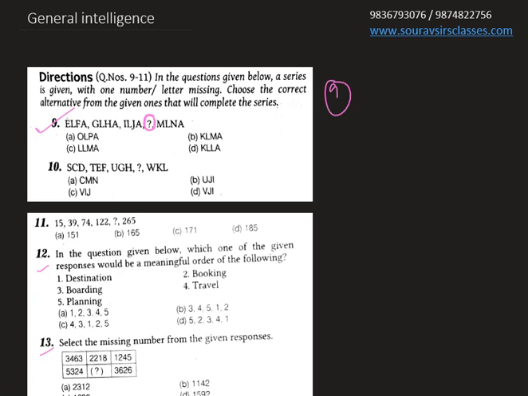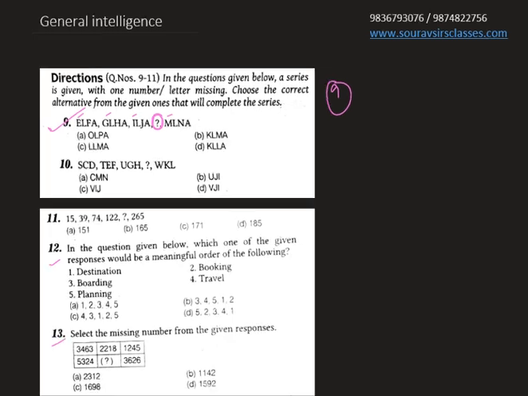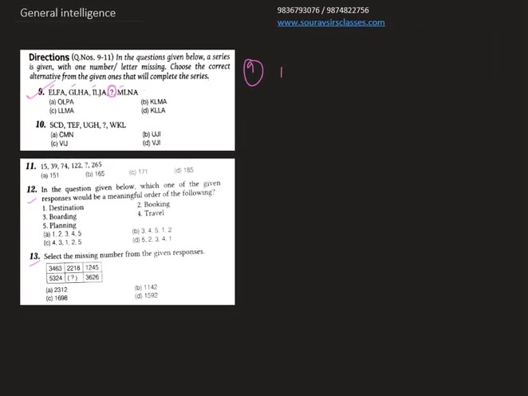So first of all, we only write the first alphabet of each cluster. E, G, I, K, M. In the next line, we only have L. Here we have a question mark.